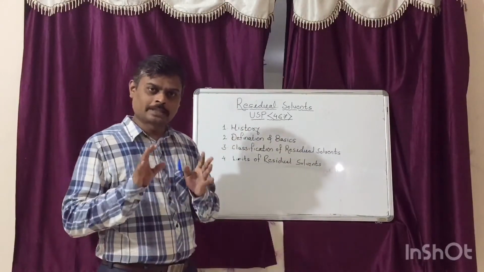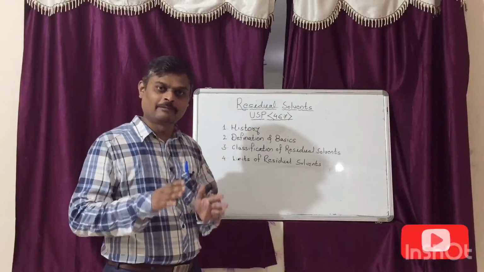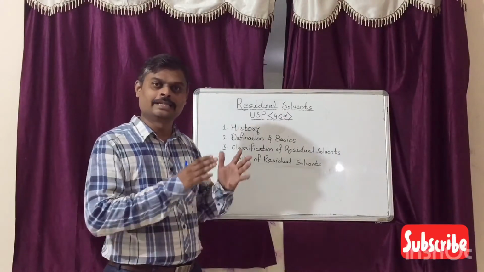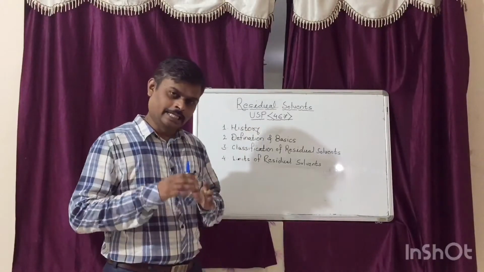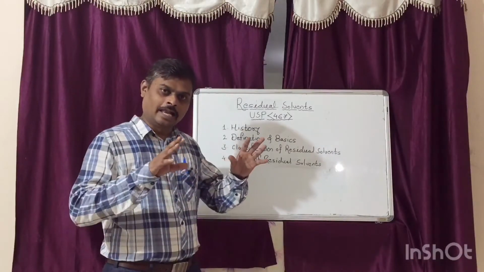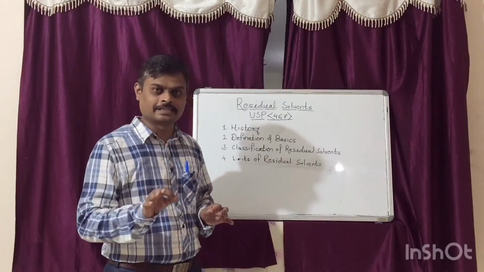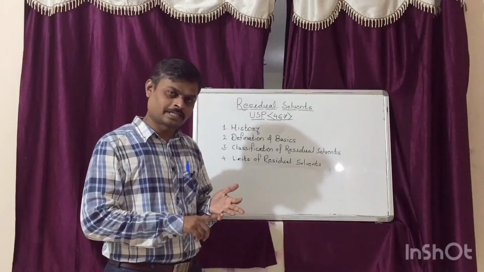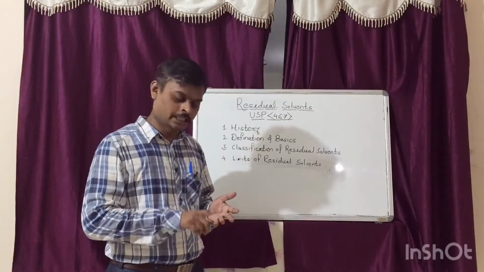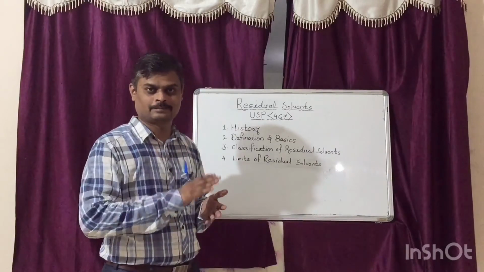The cumulative method may be used to calculate the levels of residual solvents in drug products. This can be done by adding the levels of residual solvents in the ingredients, that is drug substances and excipients, used to manufacture the drug product.